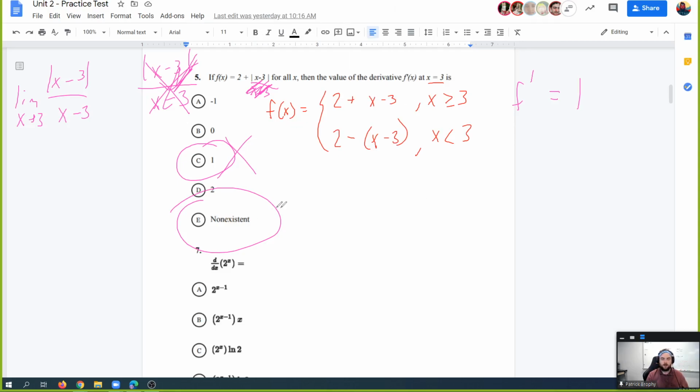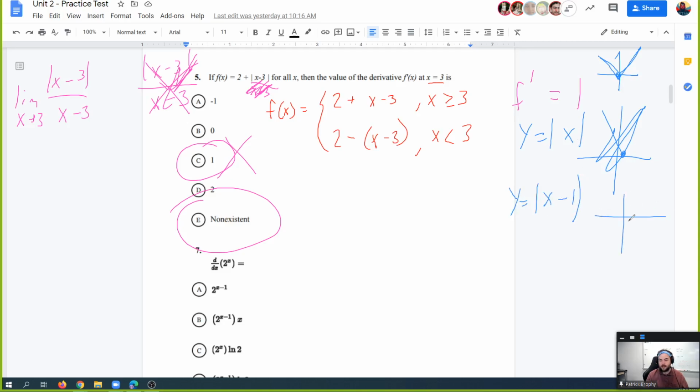The reason it's non-existent: what does the graph of an absolute value function look like? It looks like a V, with the vertex where the absolute value becomes 0. The graph of y equals absolute value of x has its vertex at 0, 0. The graph of the absolute value of x minus 1 would have a vertex at the point 1, 0.